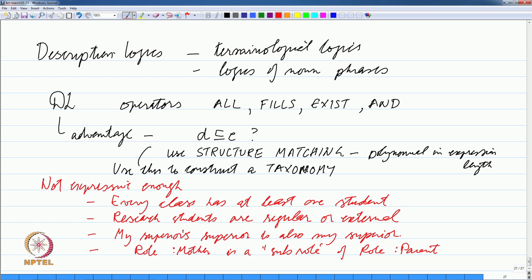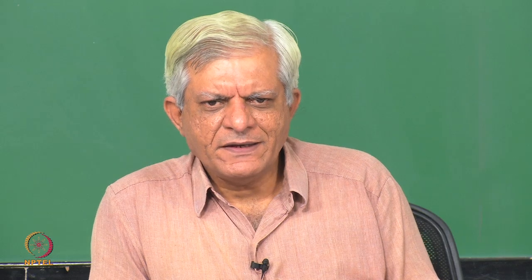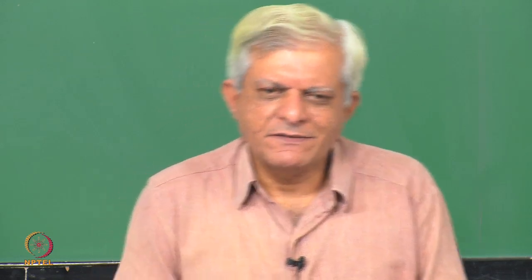So, what we will do today is to first try to extend this language with maybe some extra concepts and then demonstrate that by increasing this expressivity we lose out on structure matching essentially. So, the structure matching, which is a nice simple algorithm, will not be applicable for more expressive languages.